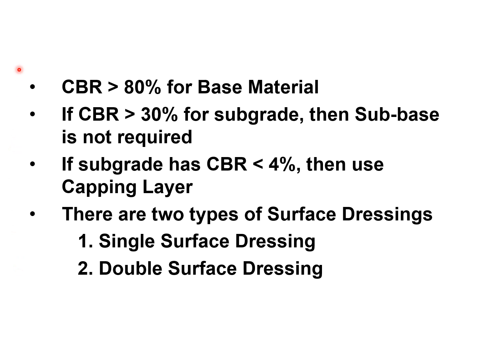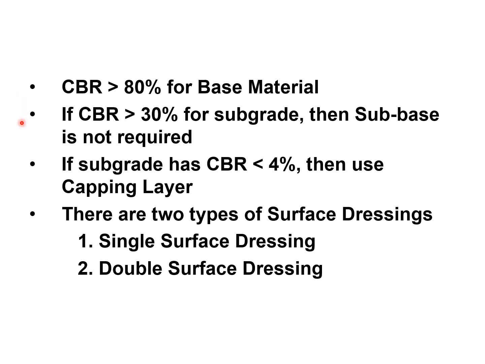Now on this particular slide you would see some important information. If CBR is greater than 80%, it means that it is remarkable for the base material. So in other words, we can say that for the base material, the CBR value must be more than 80%.